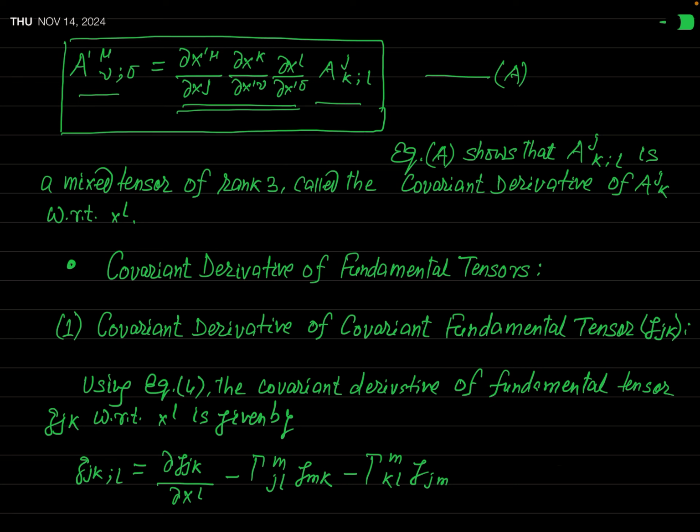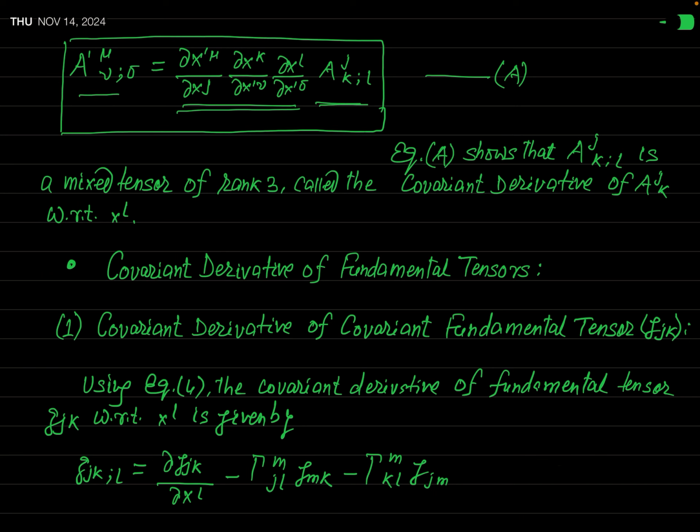And this AJK semicolon L is called the covariant derivative of the mixed tensor AJK with respect to XL. So you can see we have defined here the covariant derivative of a second rank mixed tensor. But the covariant derivative of the second rank tensor AJK is a tensor of rank 3.